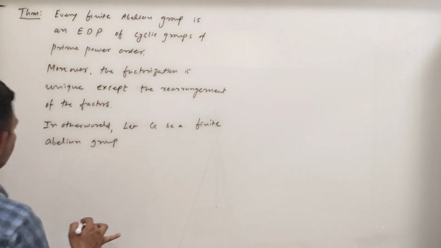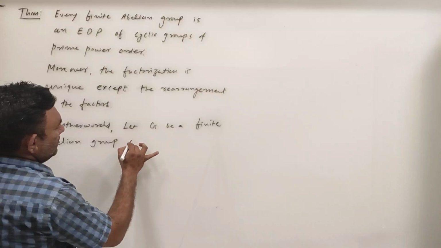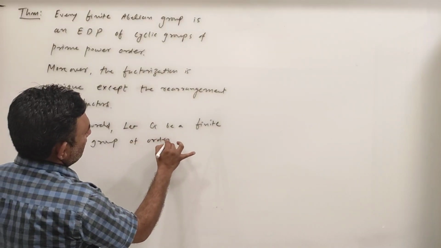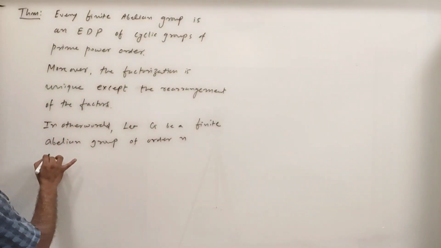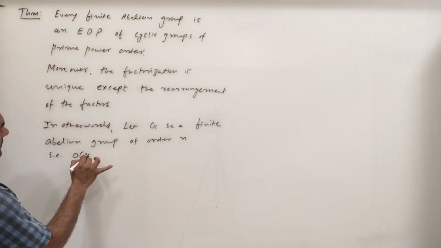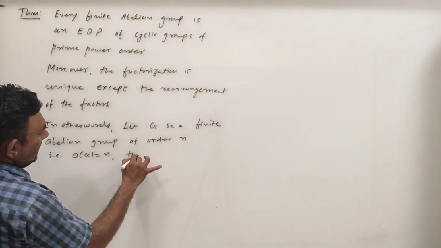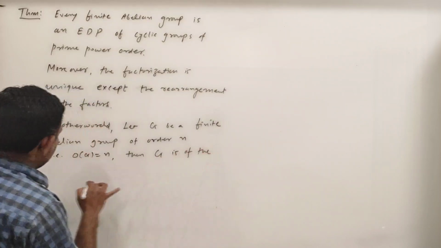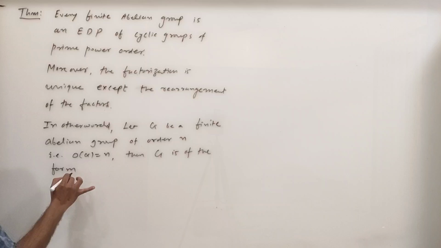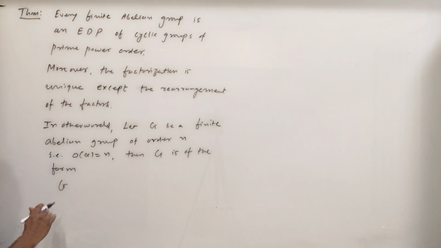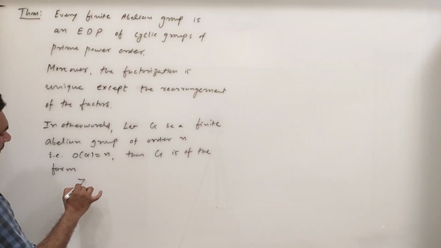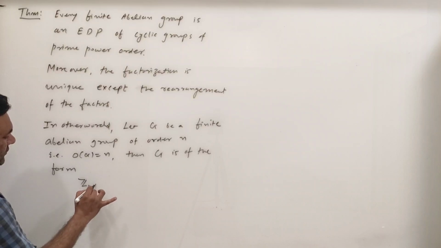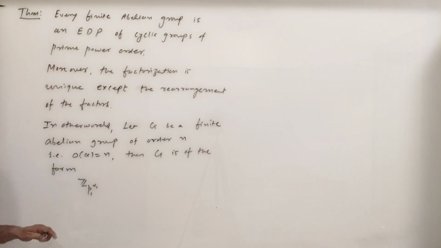Let G be a finite abelian group of order n, that is, order of G is equal to n, then G is of the form Z p1 raised to alpha 1.